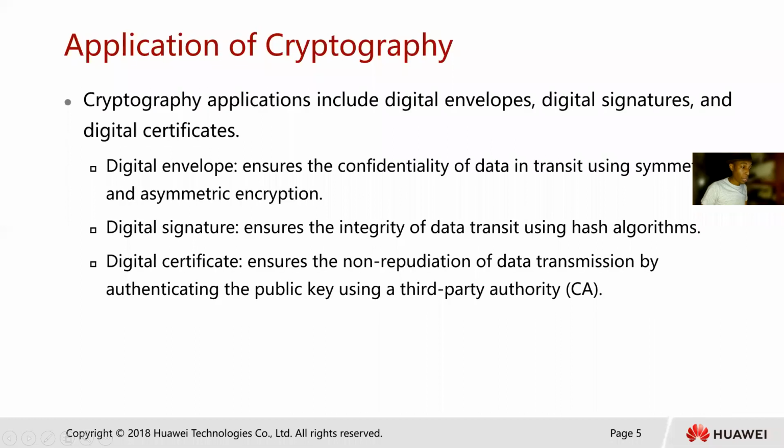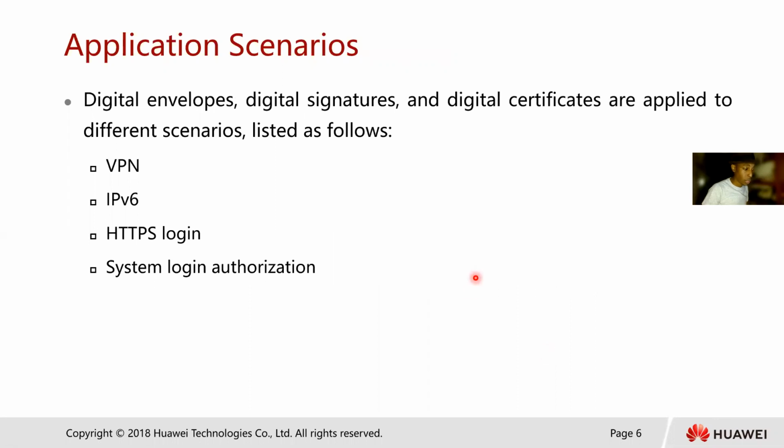We already understood the digital envelope, the digital signature, as well as the digital certificate. The digital envelope ensures confidentiality. Digital signature is for integrity. And most of the time, the digital certificate is for non-repudiation, which is somebody not denying that they received or sent some information. All three can be applied to VPN.